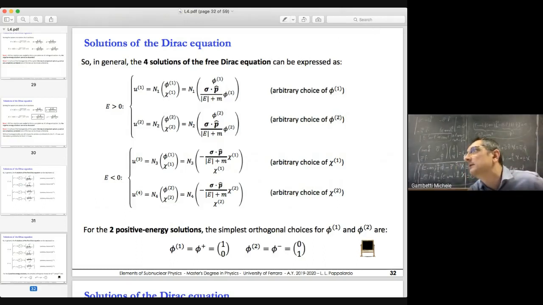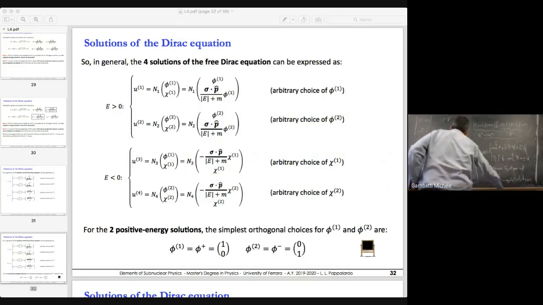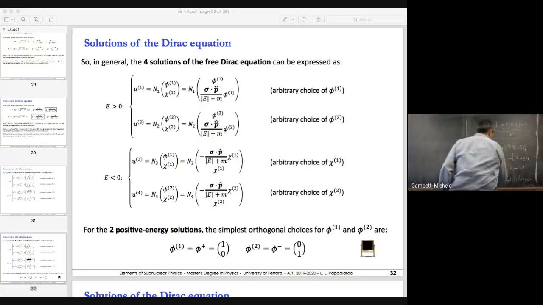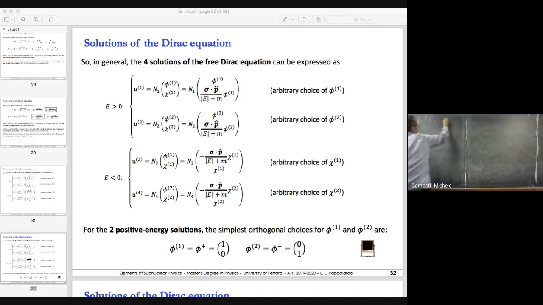Again, we switch to the blackboard. Our arbitrary choice is phi 1 equal to (1, 0), and phi 2 equal to (0, 1).